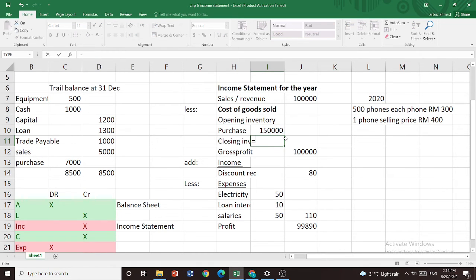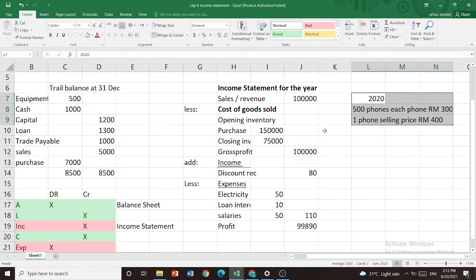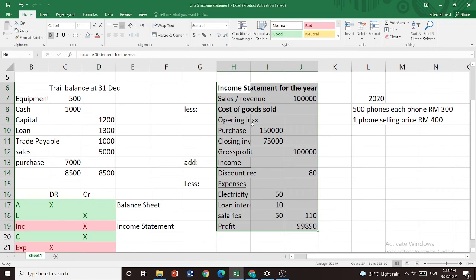So how many remaining units? 250, at 300. That is going to be your closing inventory. There is no opening inventory if this is your first year.